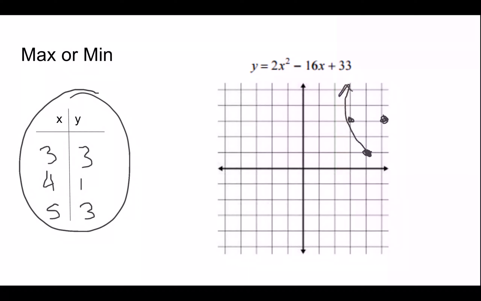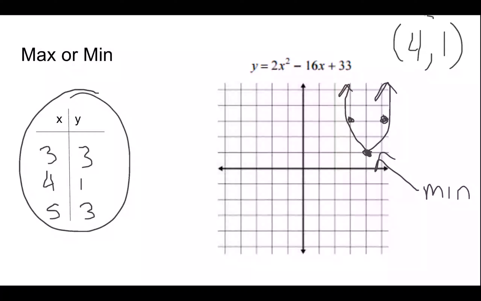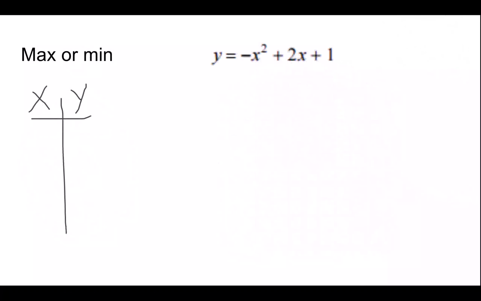So we get this U shape up here, and that is definitely a minimum point. So our min for this thing would be at the point 4, 1. Again, this 4, 1 is the same as our normal vertex, and in this case it's a minimum point.